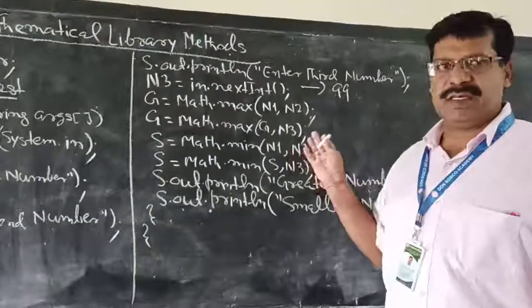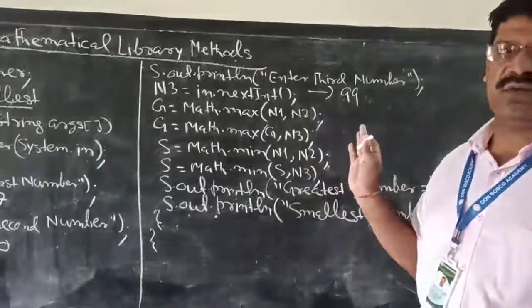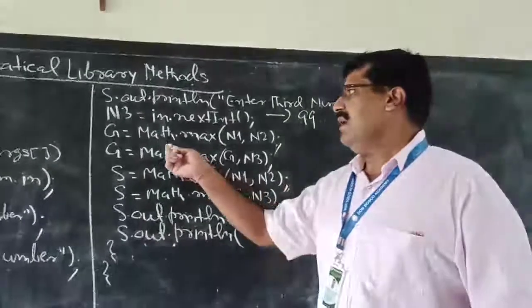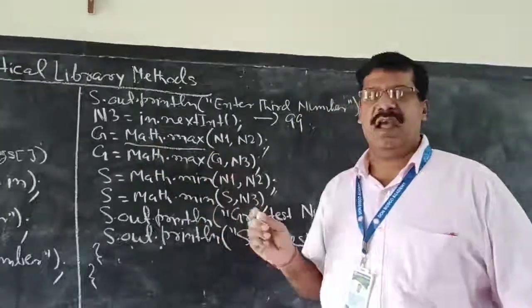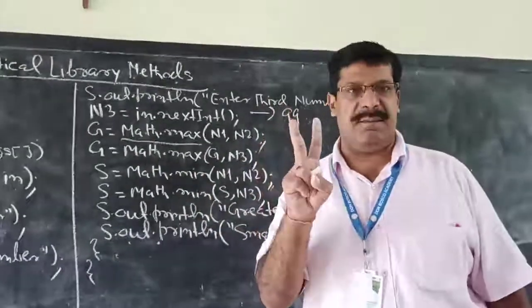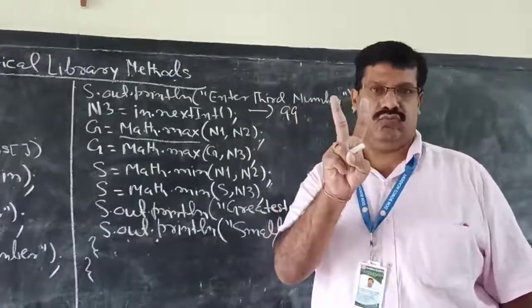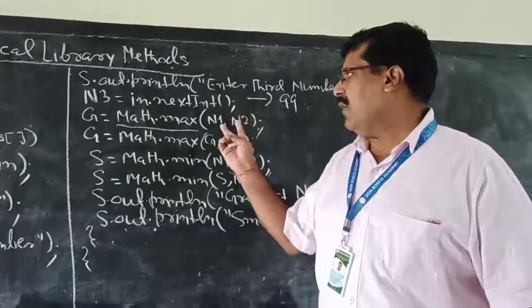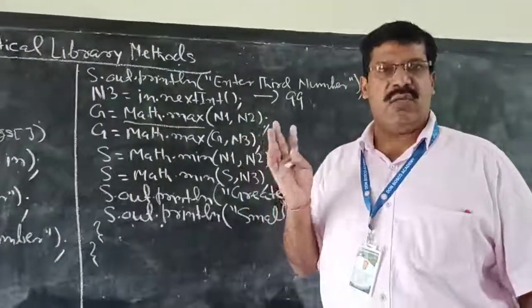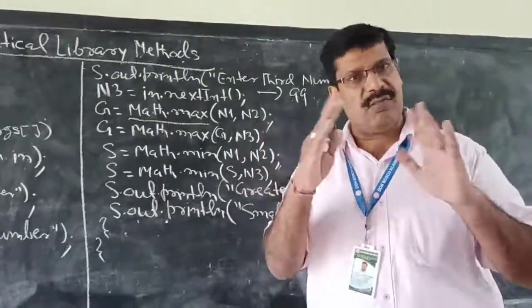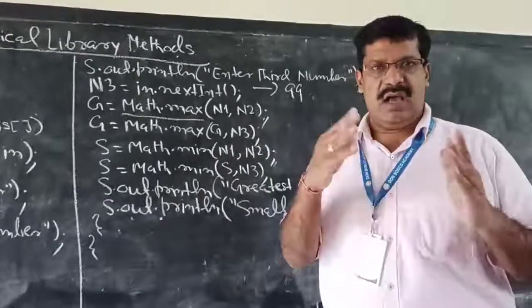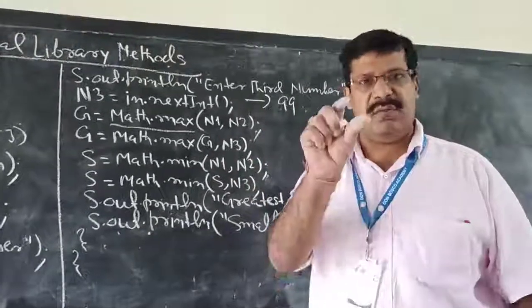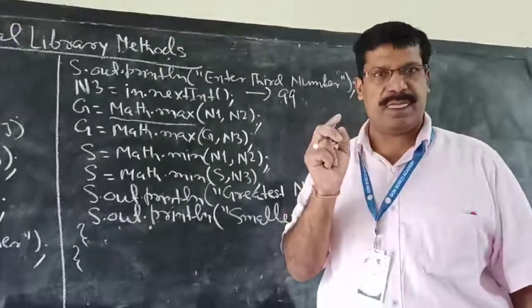Now first we will find the greatest number. The Math.max function can find the bigger number out of 2, not 3. We have only 2 arguments. So what we will do: first we will compare the first and second number. After comparing them, we will get the biggest number out of 2.